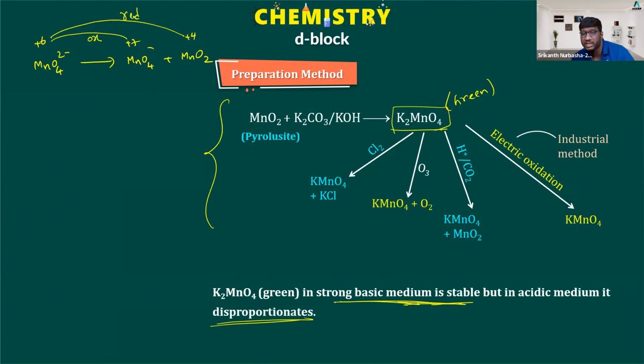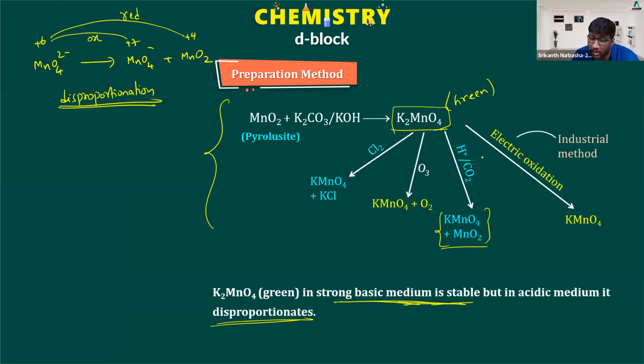That is nothing but disproportionation. K2MnO4 is stable only in strong basic medium. In acidic medium, it will disproportionate to MnO4- and MnO2.